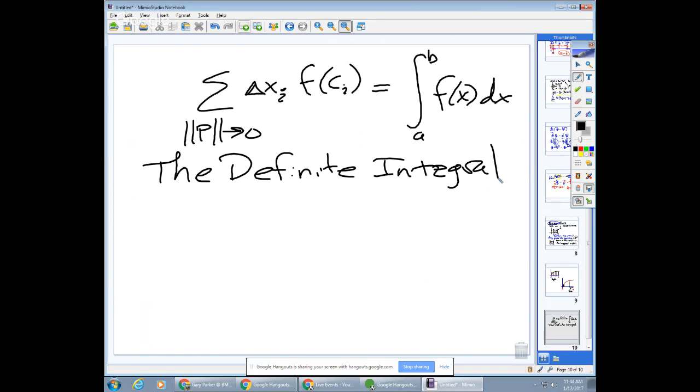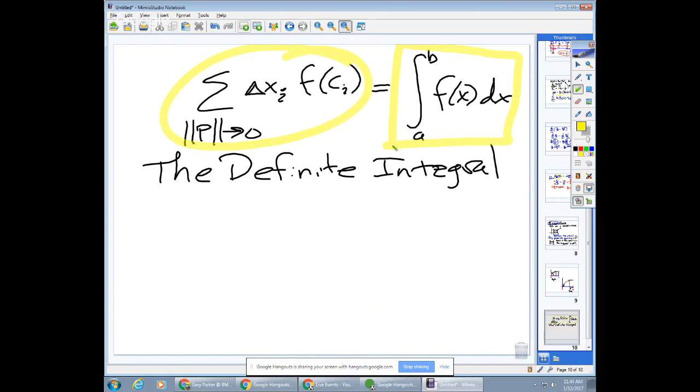And for some functions, it works out kind of nice. Like we played with some square functions. We're going to do a cubic function, and they work great. No problem. I can just choose to use right-hand sums. That's okay. And I can take the limit of those right-hand sums, and that leads to the idea of what's called a definite integral.